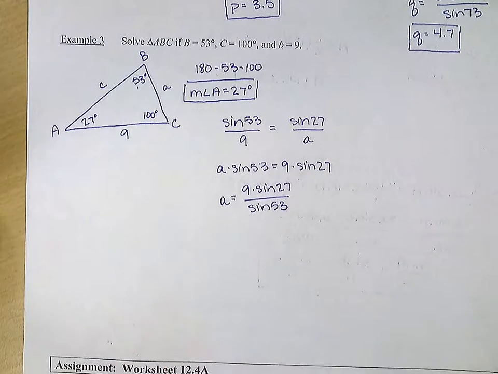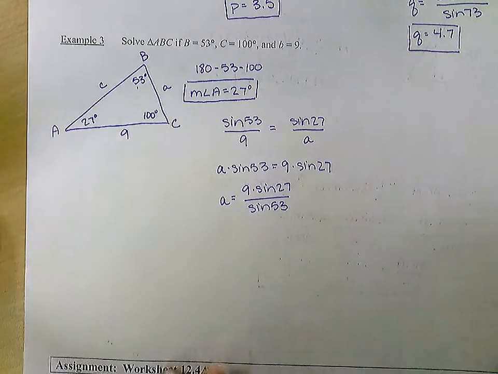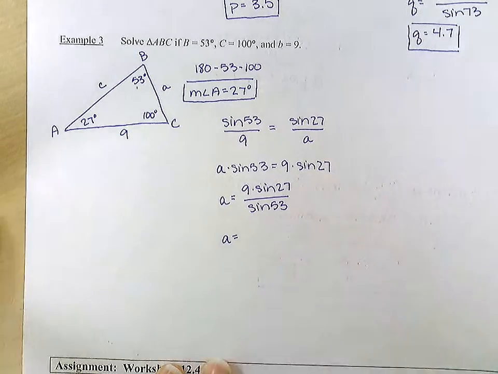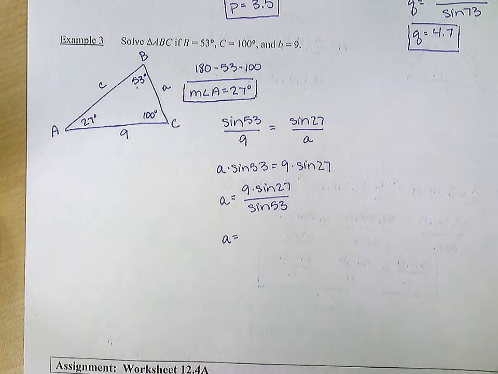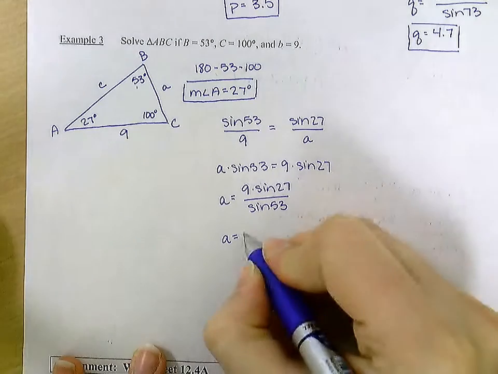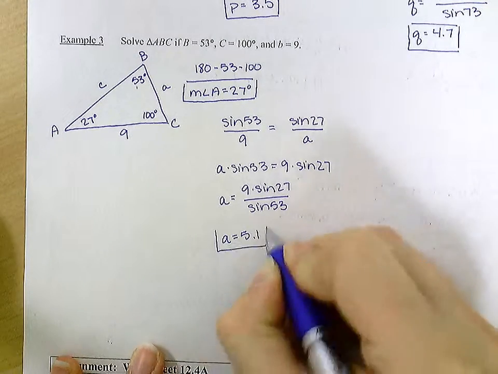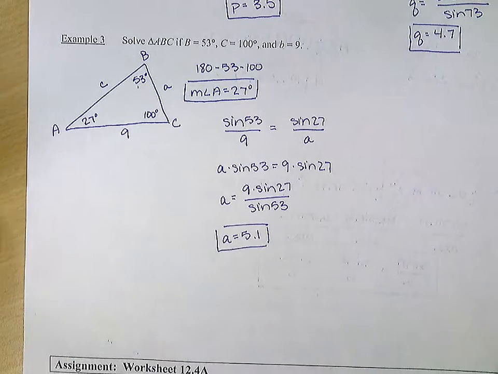And again, make sure you can enter that into your calculator. What do we get A to be? 5.1. Okay, so A should be 5.1.